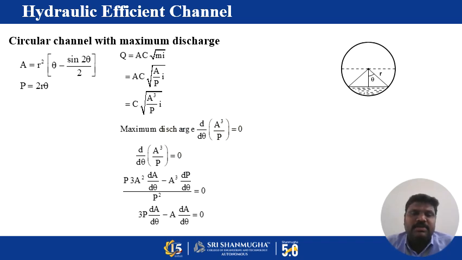Taking A squared outside and equating to 0, we get 3P dA by d theta minus A dP by d theta is equal to 0.